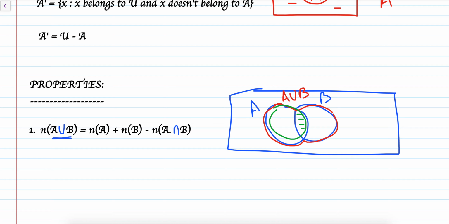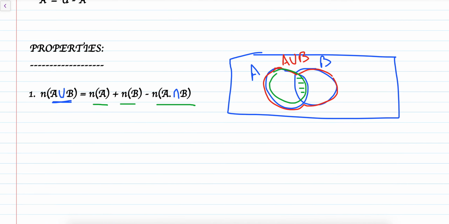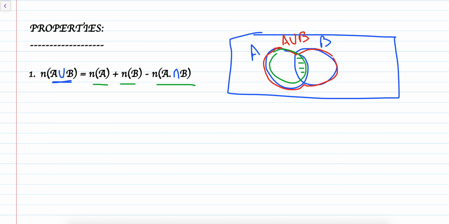So this is present in A as well as B. So this part is included here also and here also, but this should come only once. That's why we subtract the common elements. So you should remember this so that you don't need to see it every time using diagram. So you can remember it.